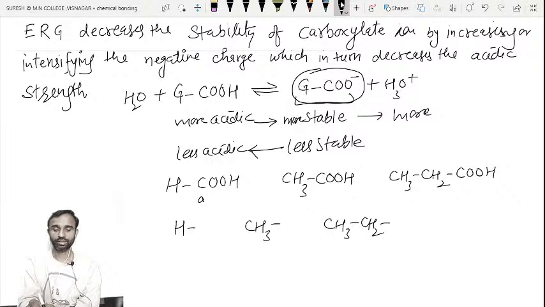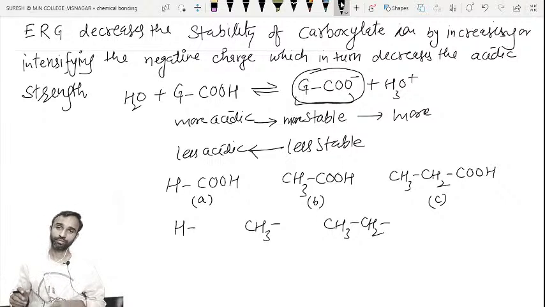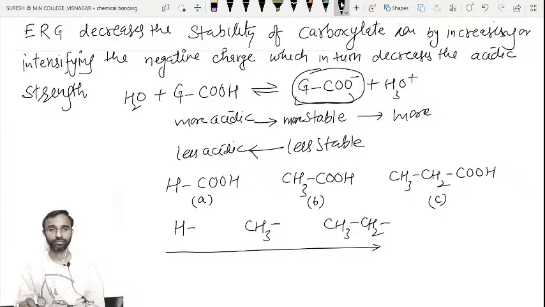Take it as A, B and C. So what is the order of acidic strength? Write the order first.